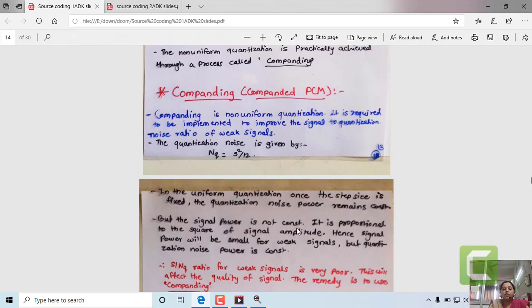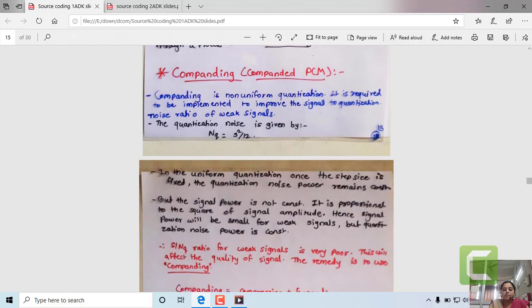The signal power will not remain constant, and it will be proportional to the signal amplitude square, because power is nothing but amplitude square. So if the signal power is small for a weak signal, but the quantization noise power is constant, definitely the SNR value will become very low, or very poor. And this is going to affect the signal quality when we are sending that signal over a larger distance.